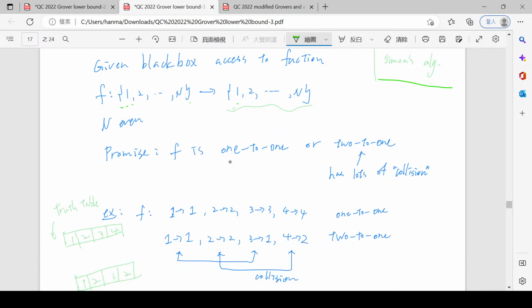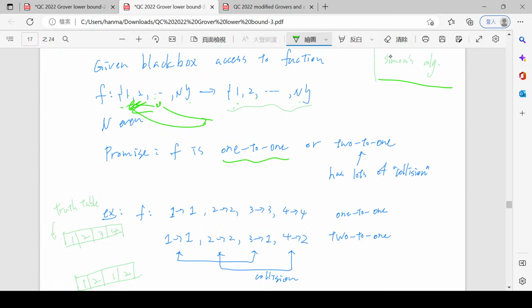The small f is either a 1-to-1 function or a 2-to-1 function. Okay. So either every element maps to a different element, or every two elements map to the same element, and only half of the elements get mapped to by something.